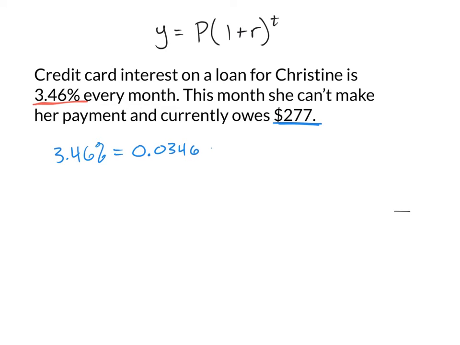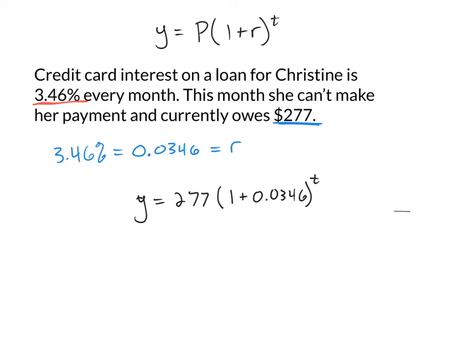And so this is the value that we have for our R. I'm going to plug the principal in for the principal. So y equals 277 parentheses 1 plus 0.0346 to the power of t.